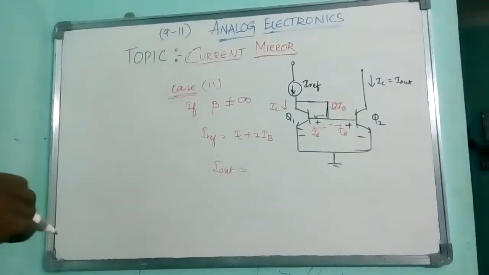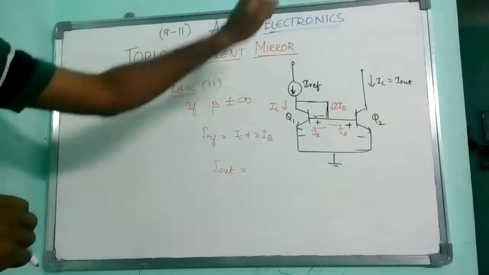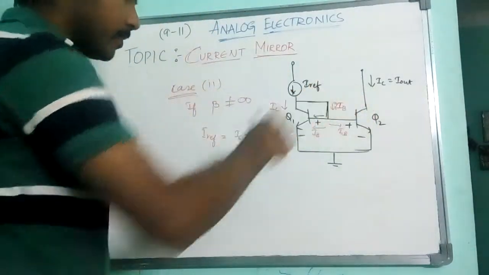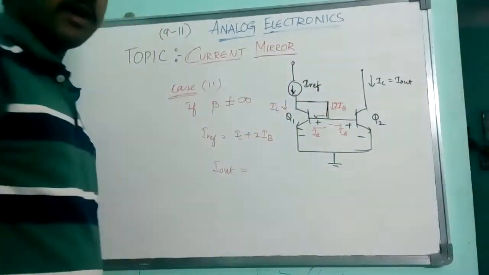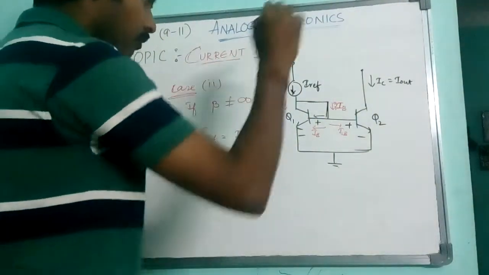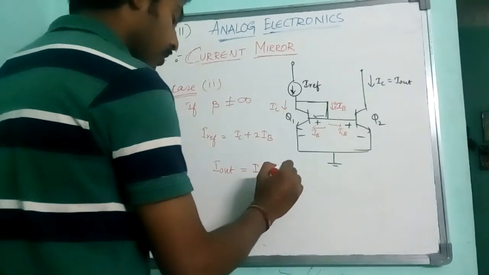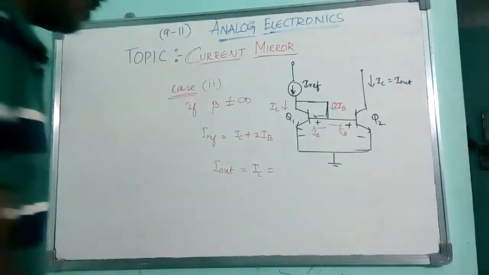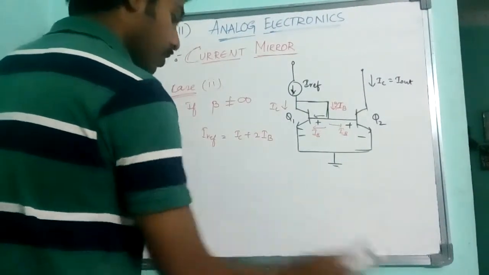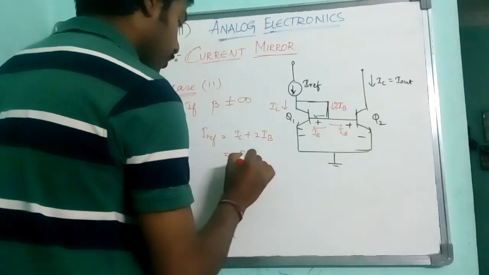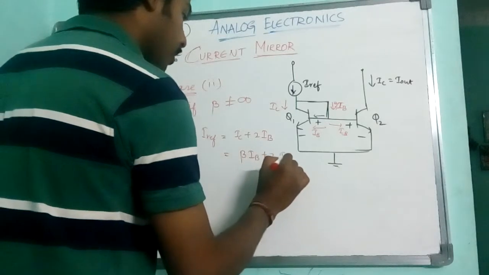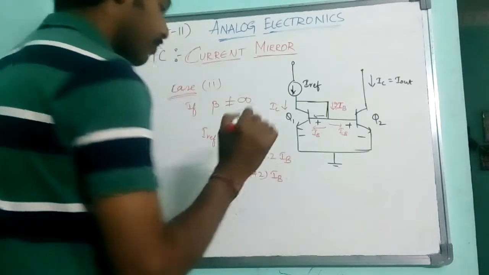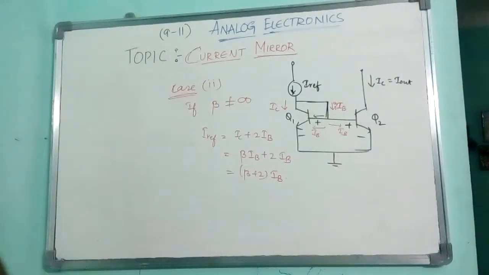Remember here beta is not equal to infinity. So I out is IC. You convert it here: I reference equals beta IB plus 2IB, this is beta plus 2 into IB. Am I right?